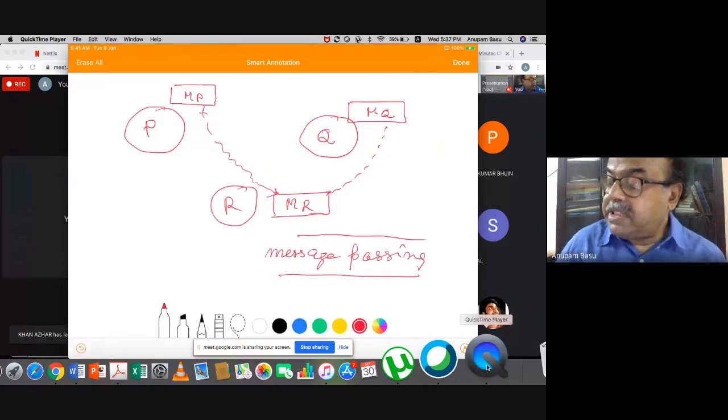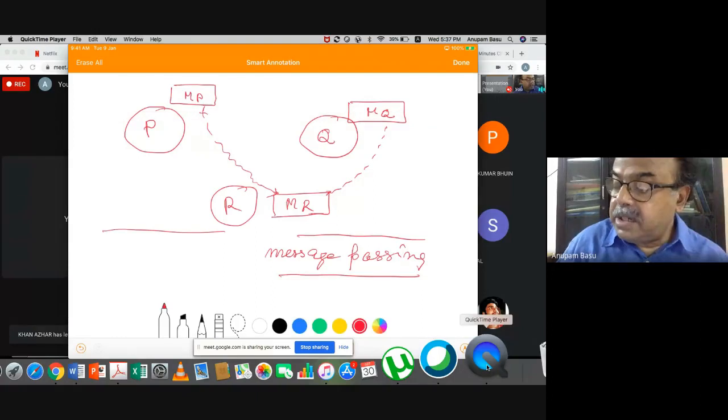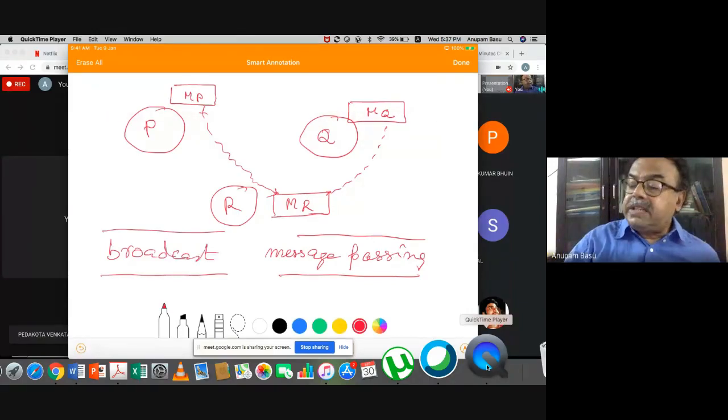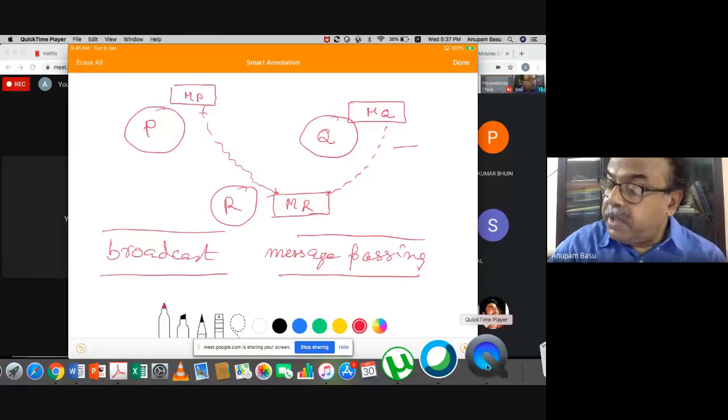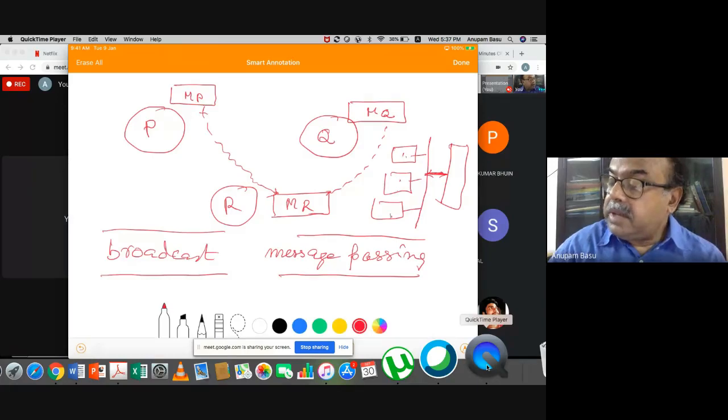And the other thing I'm just mentioning, in a tightly coupled system, often we call it a broadcast, because broadcast can be in this system also. Broadcast means when P sends something, it can be listened to by everybody. So in a bus-based system, if I have got these P, Q, R here and the memory is here and I send the data over the common bus, then obviously all of them can listen to this.